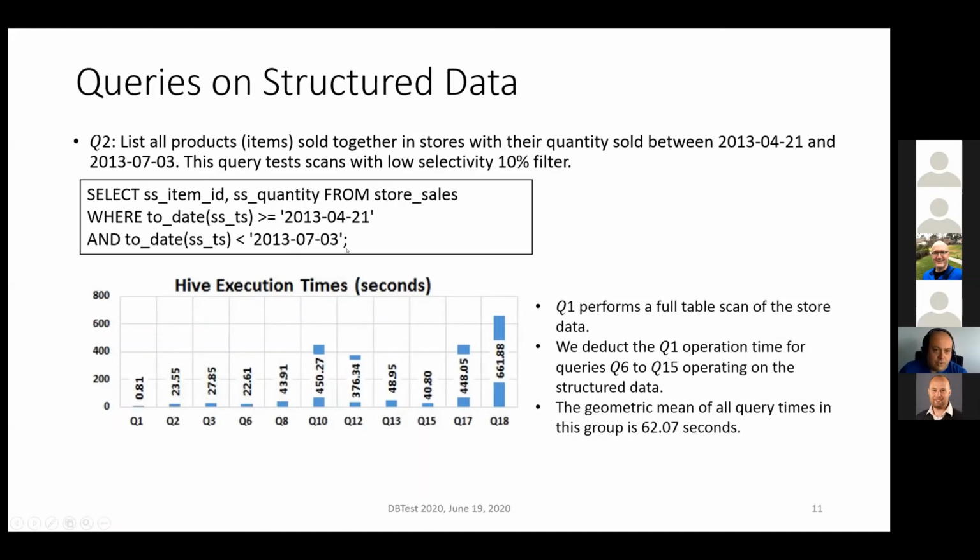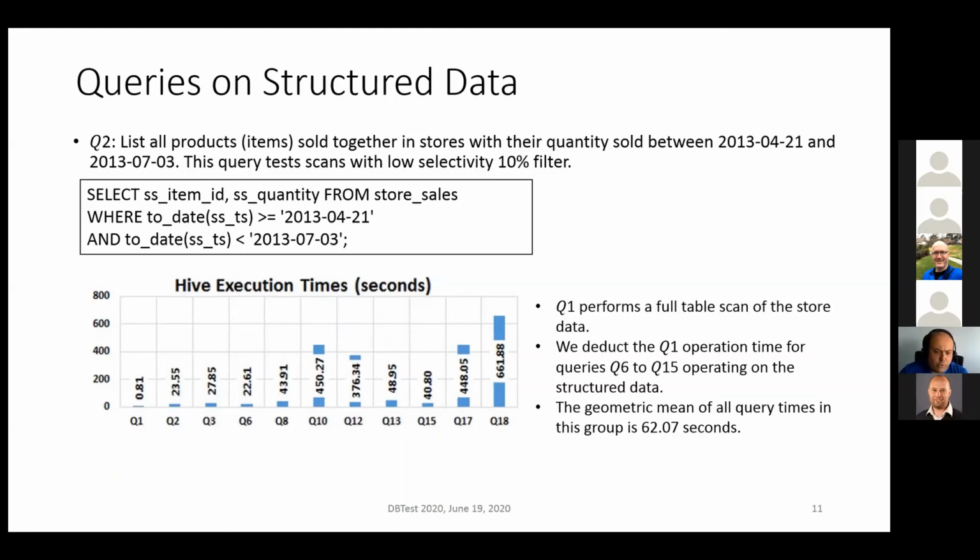As you can see, the code is quite straightforward. On the chart below, we give you an idea of the execution time. You can see that all the queries have different execution times. Here you have to keep in mind what I mentioned in the previous slide, that we also did subtraction from the core full table scans.